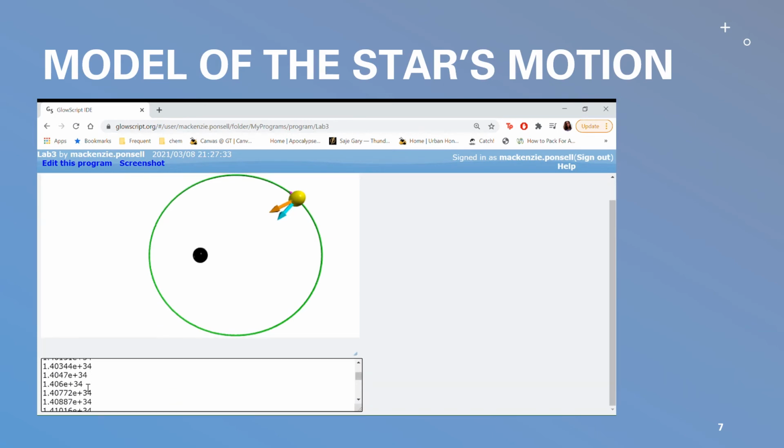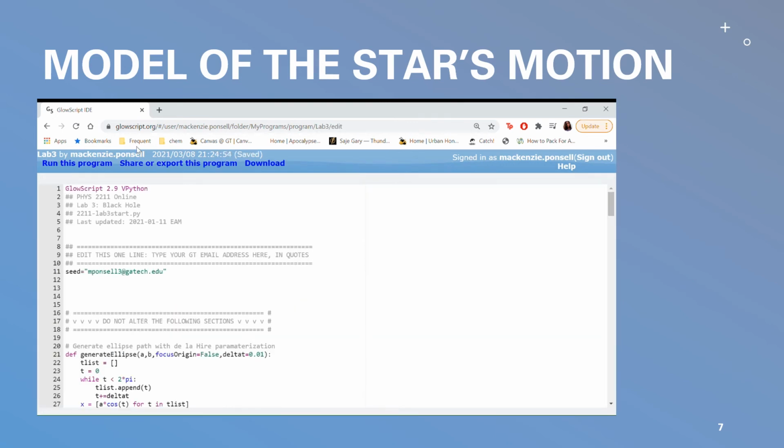It also prints the value for Fnet, Fnet parallel, and Fnet perpendicular. It gives us our average star position of 3.75 times 10 to the 12 meters, and it also gives us an average black hole mass of 1.34 times 10 to the 34 kilograms.